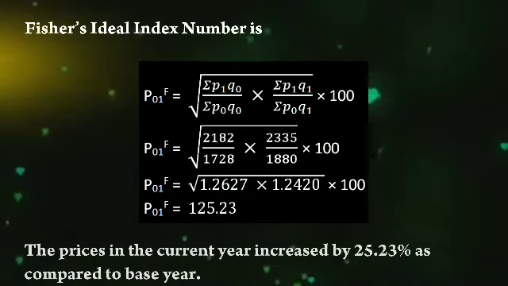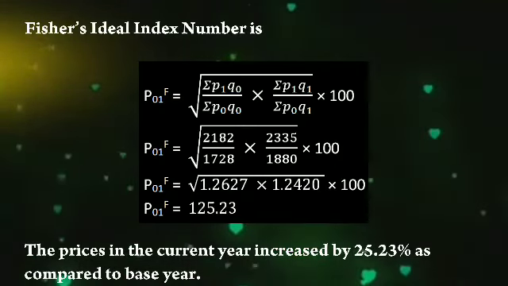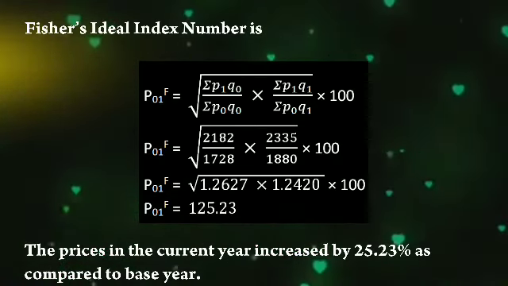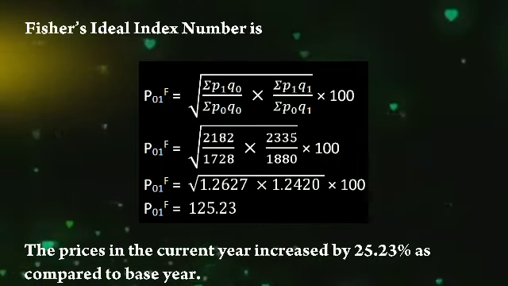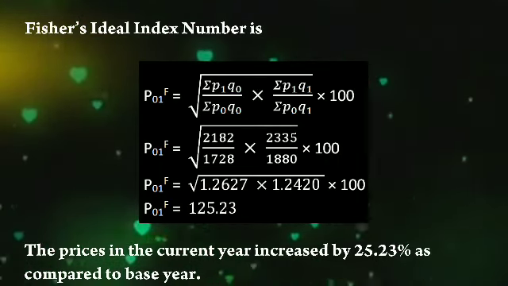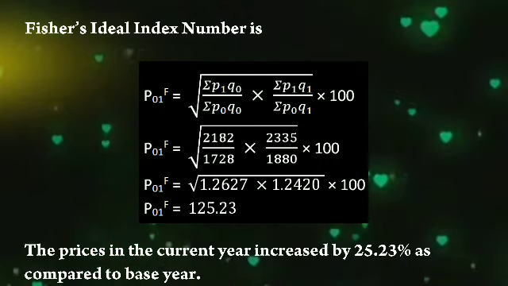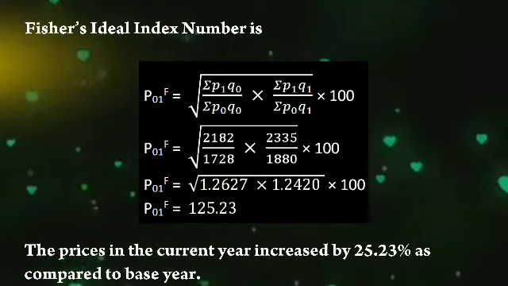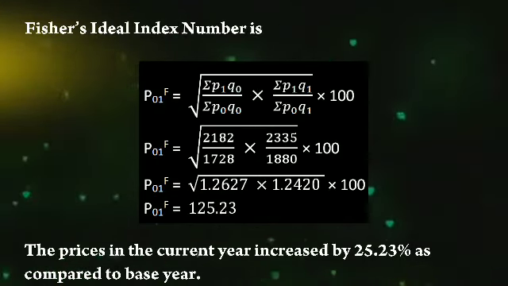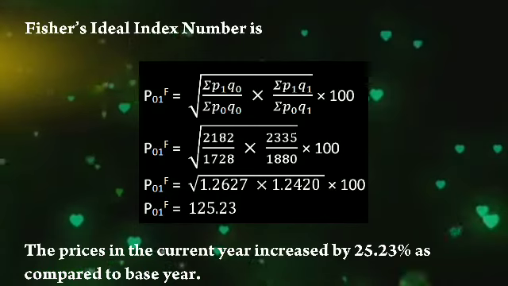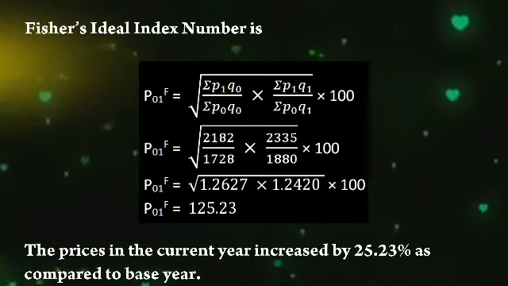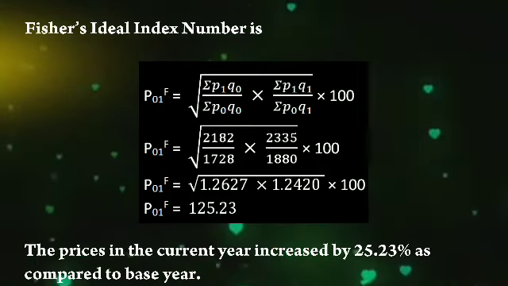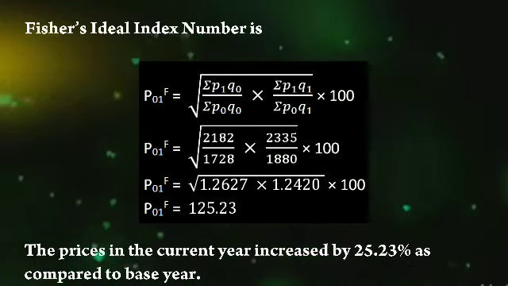So 2182 divided by 1728, that is 1.2627 into 2335 divided by 1880, that is 1.2420, and first multiply the two values, then take square root of that and then multiply by 100, and you will get the Fisher price index number, which is 125.23. Therefore, prices in the current year increased by 25.23% as compared to the base year.